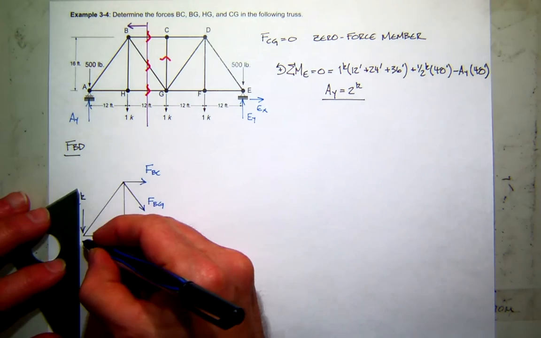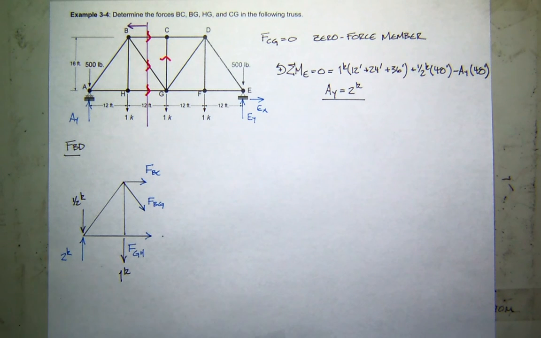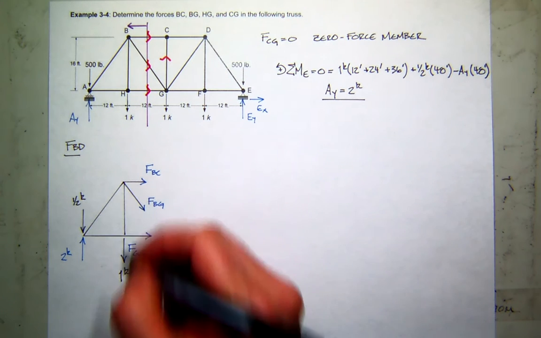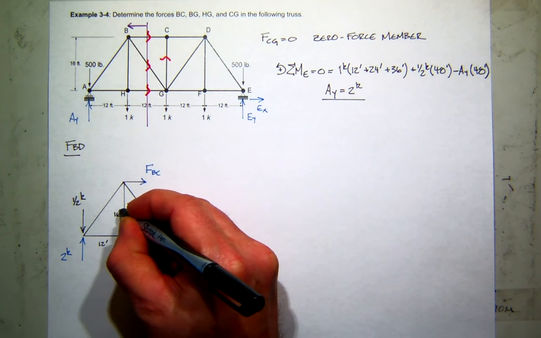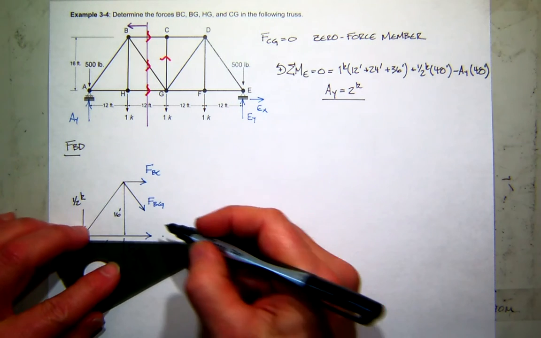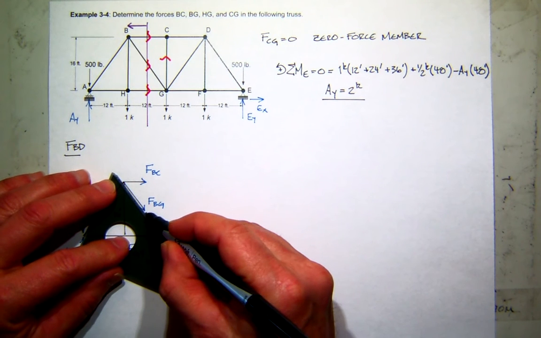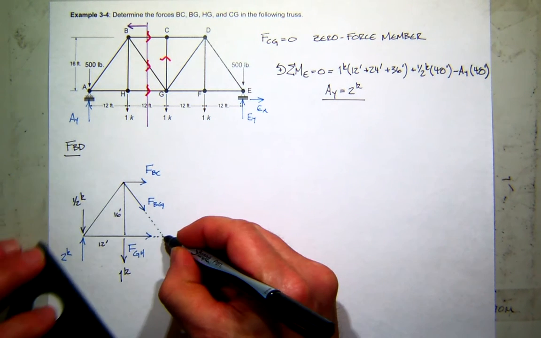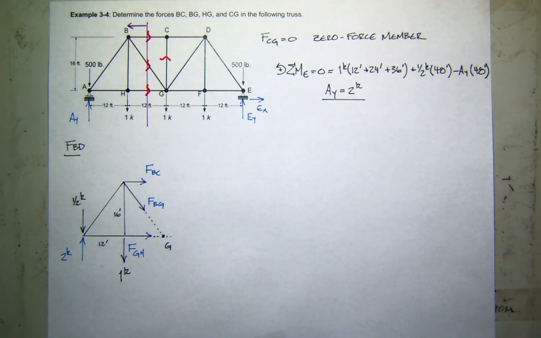And then I've got my AY reaction up, which is 2 kips. I think that's everything. I guess I can write some dimensions. This is 12. This is 16. I'll go ahead and put some lines here to indicate that those will go through G. Did I leave anything out? I think that's it.